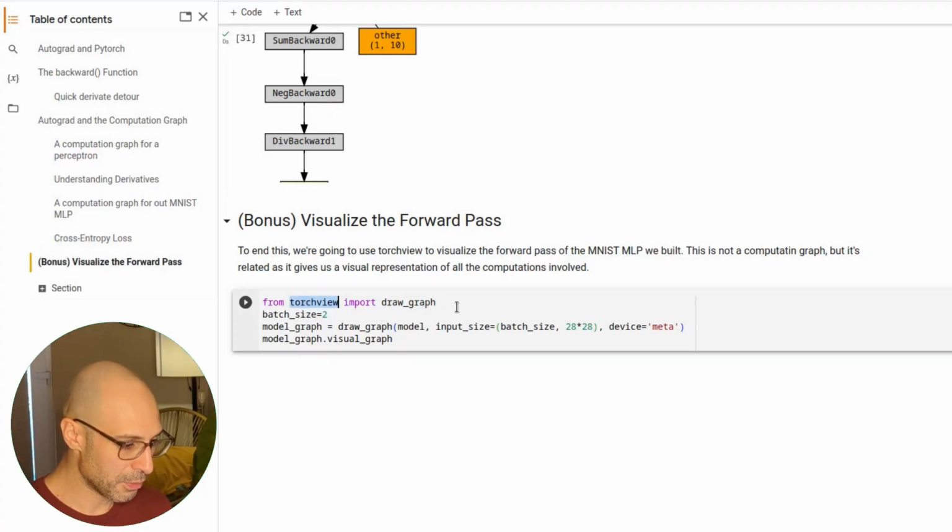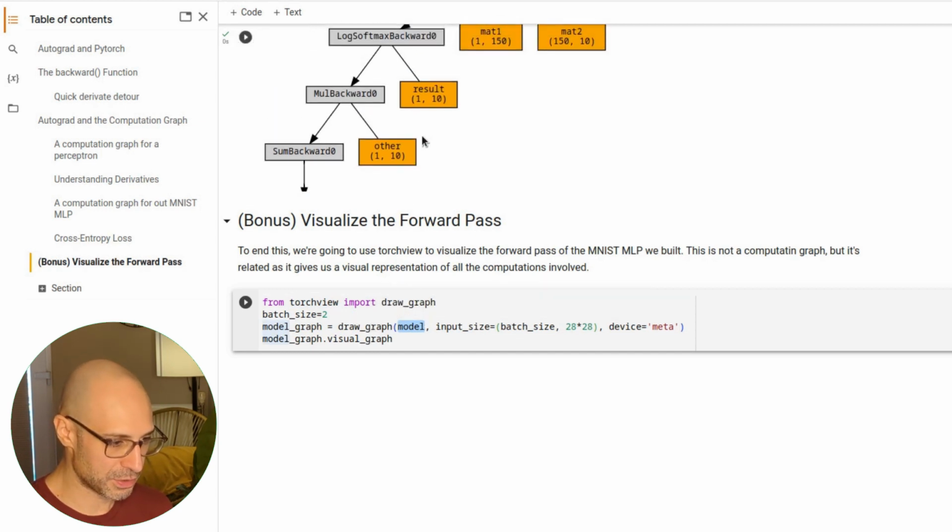To finish this episode, I wanted to show you a little bonus thing that you can do with the torchview library. So we have our model that we have instantiated, and we can see not the computation graph, but the actual computations in the model.